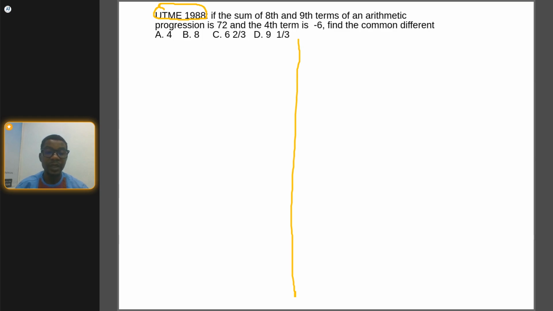We are given the 8th term, T8, and 9th term, the sum means addition. So when you add the 8th term and the 9th term, you are going to get 72. So we have T8 plus T9 equals 72, where T8 is A plus 7D, plus T9 is A plus 8D, equals 72.